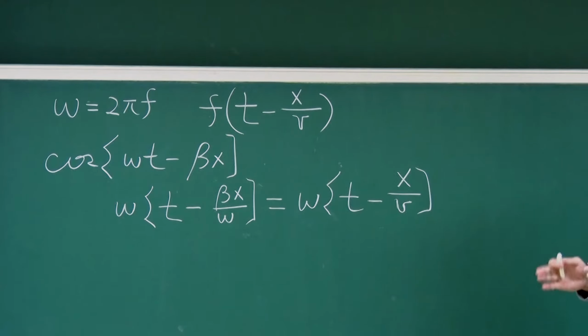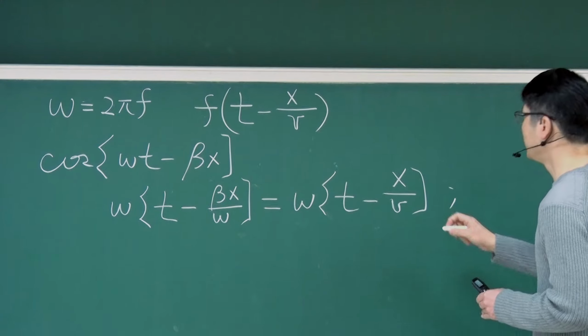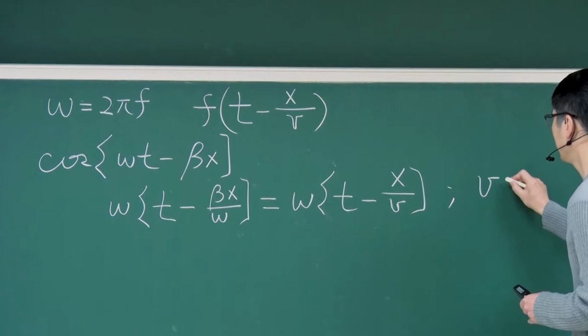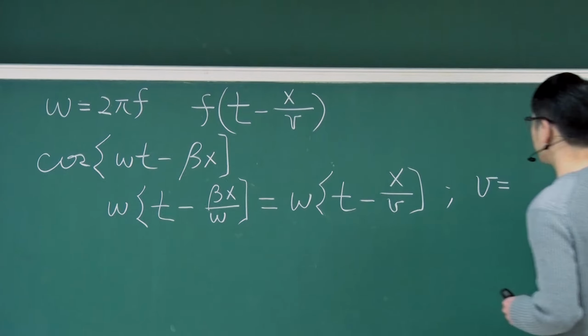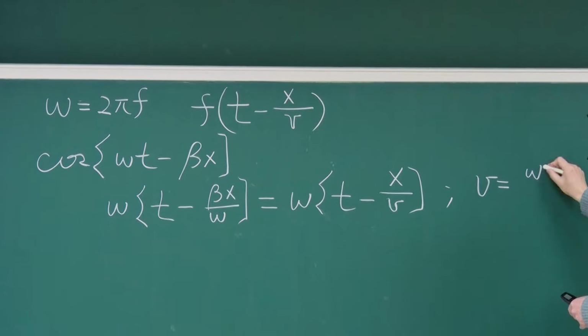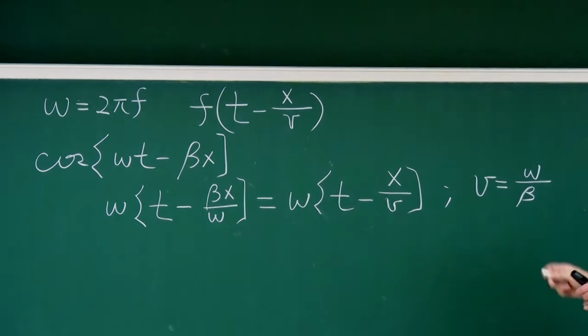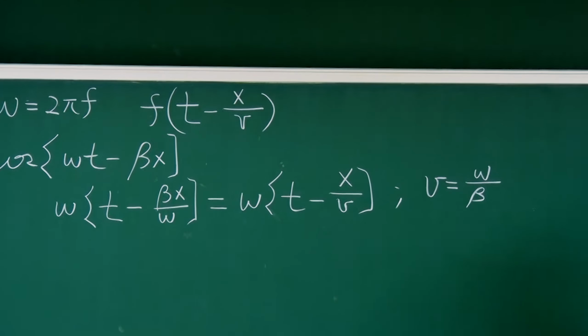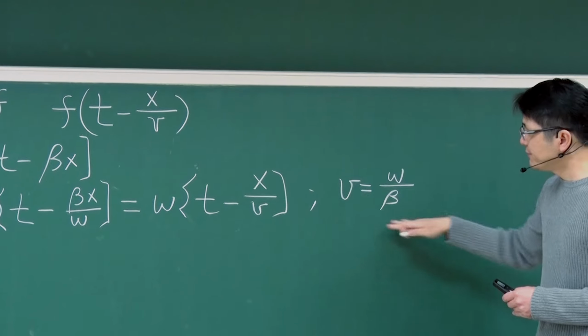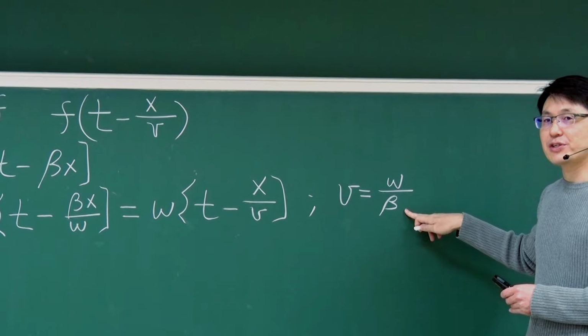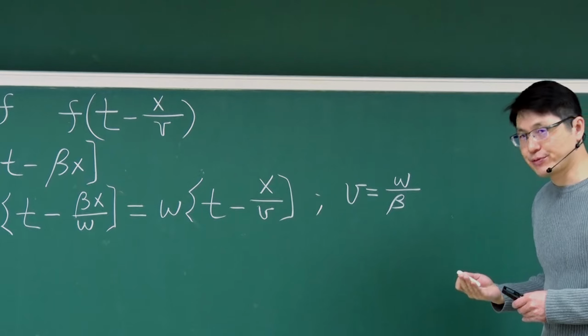And immediately you see that this means v for this sinusoidal wave is nothing more than omega divided by beta. So from this written formulation, we can now understand what beta stands for.